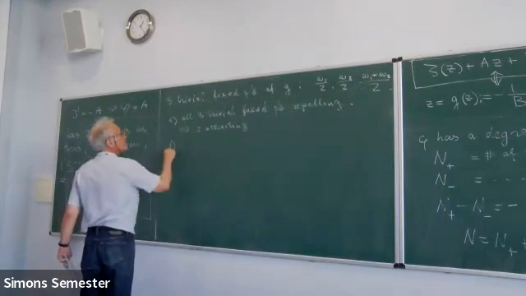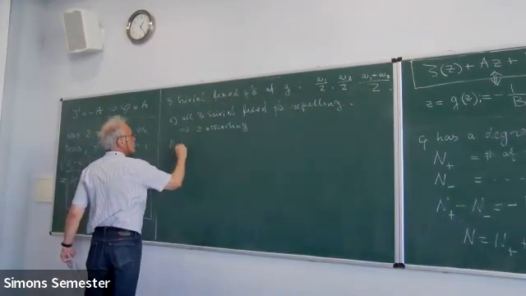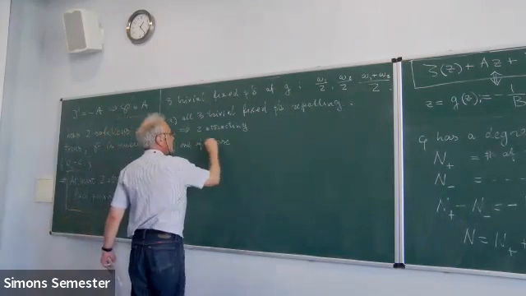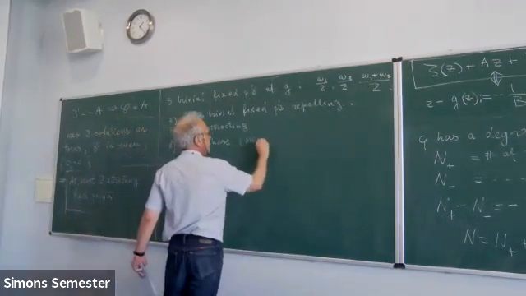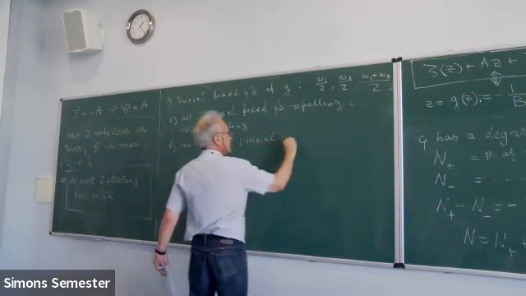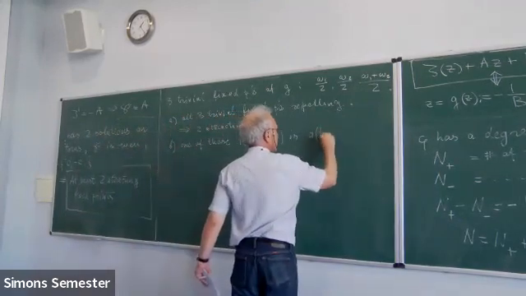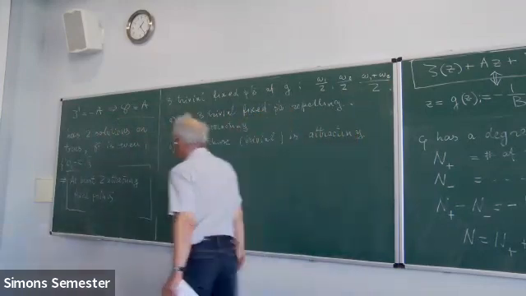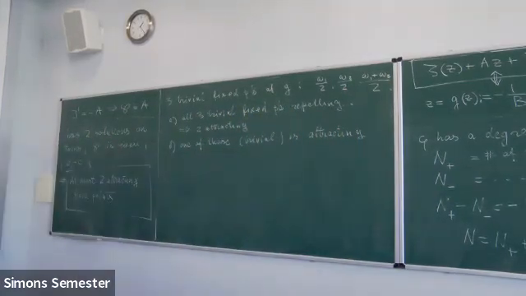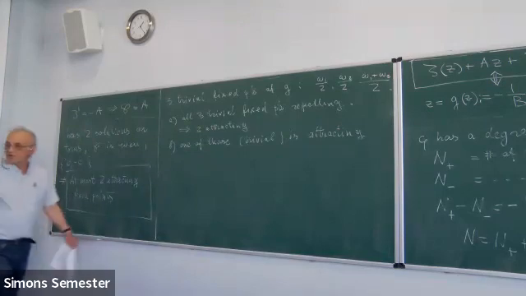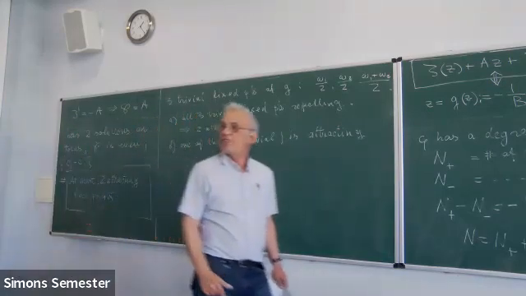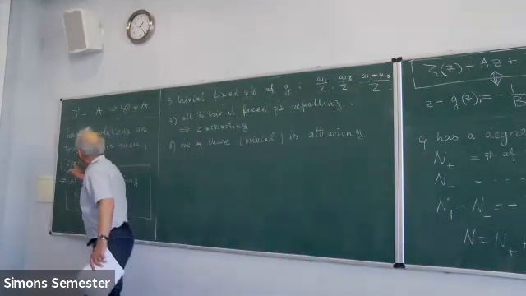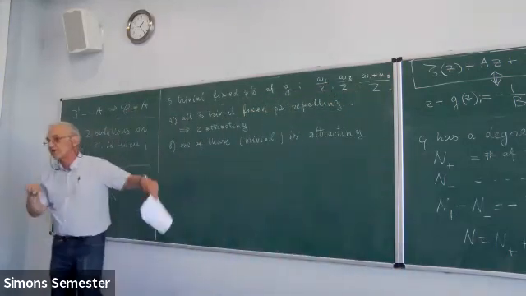Case B: one of those is attracting. But our function is odd, so it is also odd about half period, and the critical points are C and minus C. So that one must attract both.